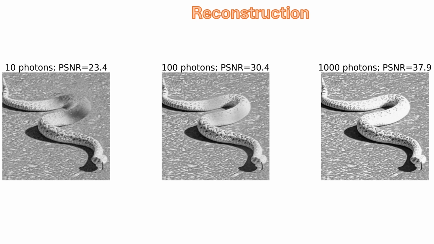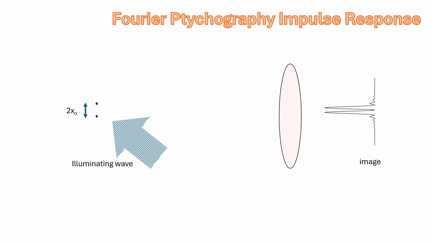You can model this process by considering, what is the impulse response for a single impulse or for multiple impulses. Here we're showing, for example, that we've got two impulses in the object space. Now, if it was a well-resolved system, what we would see, of course, is the impulse response for each of those two impulses. But as those impulses get closer and closer together, we will have more and more trouble discriminating them.